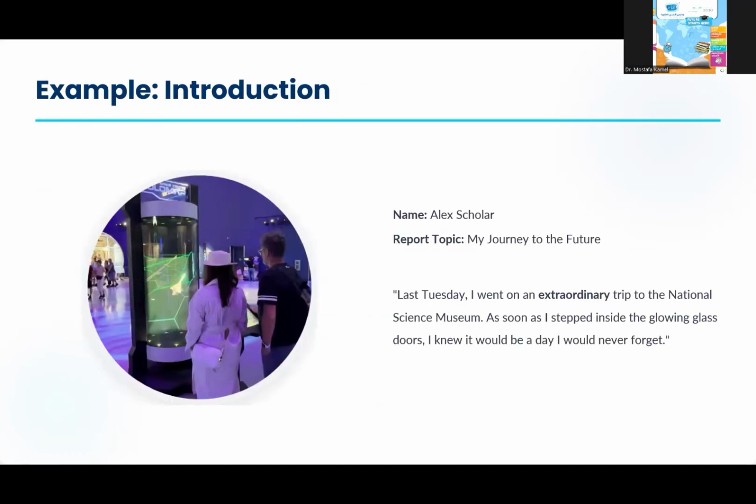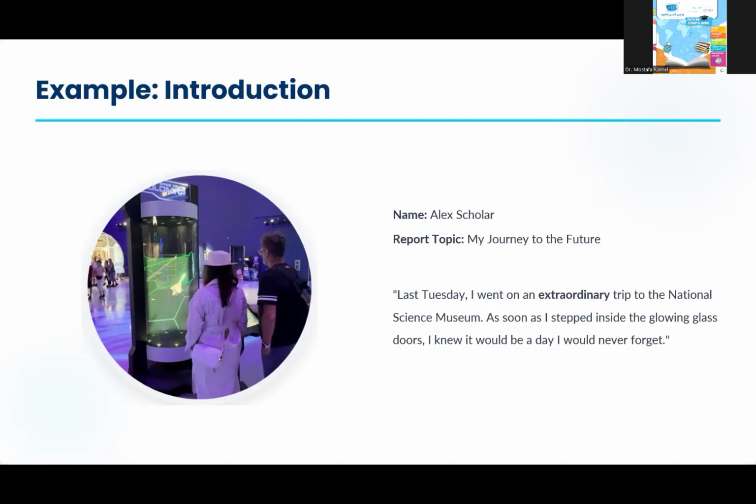Moving on to an example. As you can see, this is the introduction. The name of the writer is Alex Scholar, and the report topic is my journey to the future. She starts by saying, last Tuesday, I went on an extraordinary trip to the National Science Museum.